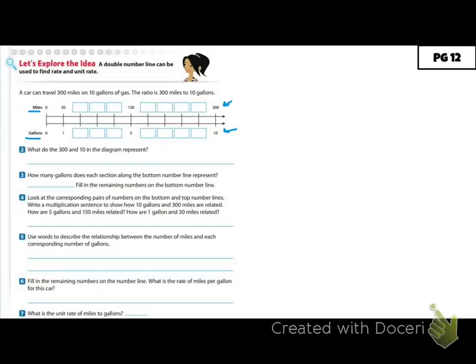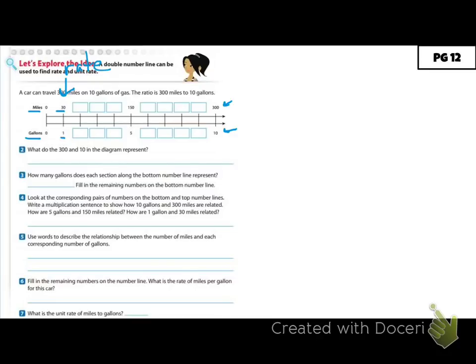Then we can separate this out to find our rate. You can see that we have divided both by 10. 300 divided by 10 gave us 30, and 10 divided by 10 gave us 1.